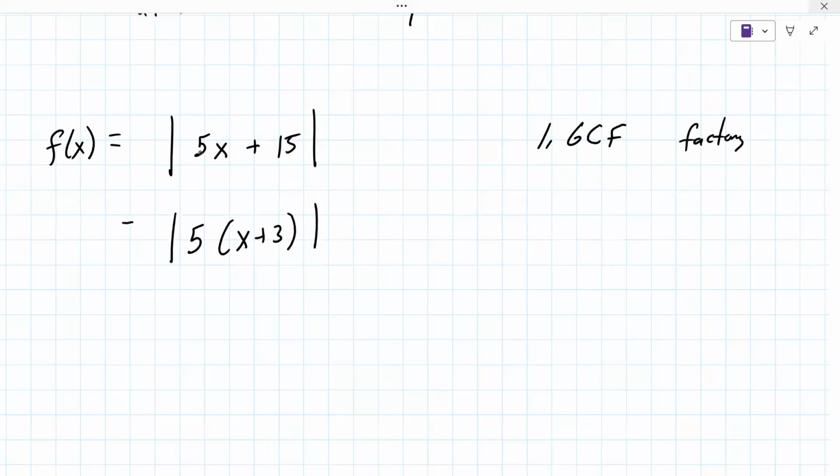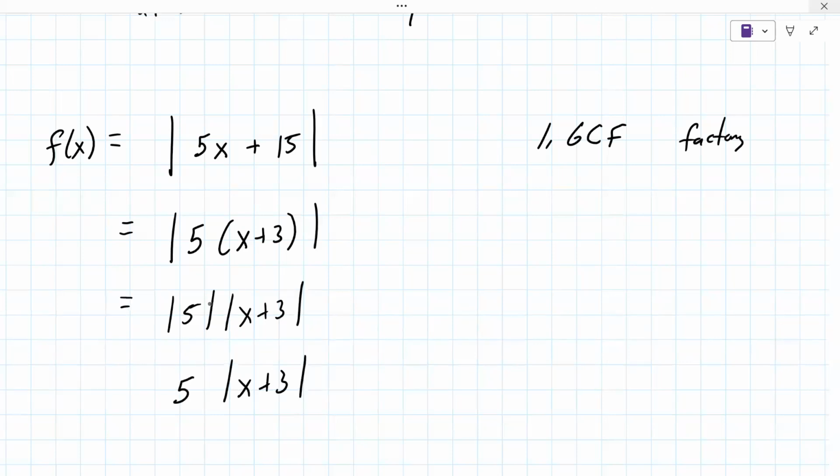The absolute value remains. I do have a question. When it goes to the absolute value of 5 and then the parentheses x plus 3, could you simplify the 5 times the x plus 3, or would you have to keep it separate? You do simplify the absolute value of 5 to just 5. So you find the absolute value of each of them separately. Exactly. Got it.